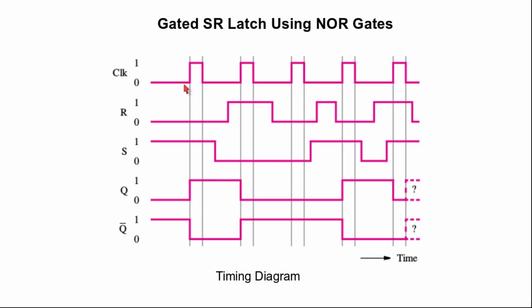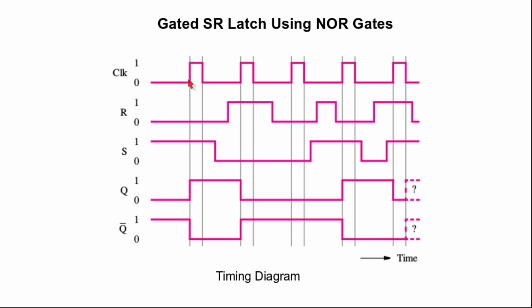Let us look at the first time that the clock input is changing. During this time the clock input is 0, the R input is 0 and S input is 1, and we assume that at the start the Q output is 0 and hence the Q prime output is 1.